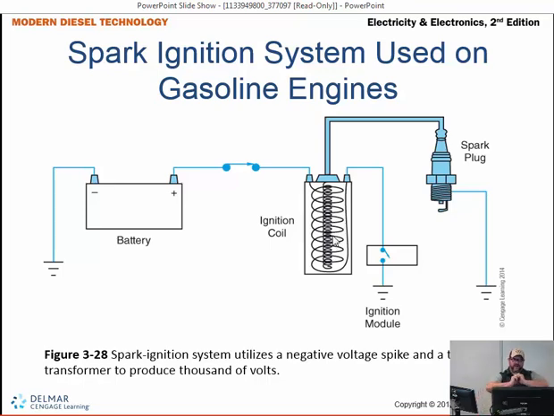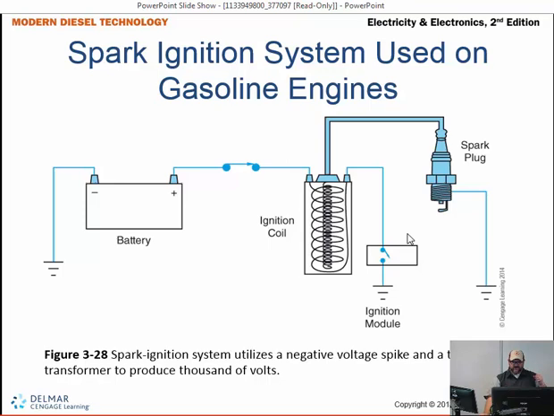But it's not really going to throw that off until we open that. Remember, it's the collapsing fields that create that phenomenon. So we're going to hold that, we're going to saturate the coil, we're going to overcome all that counter EMF, and we're just going to be a tightly wound bundle of electricity waiting for some place to go.